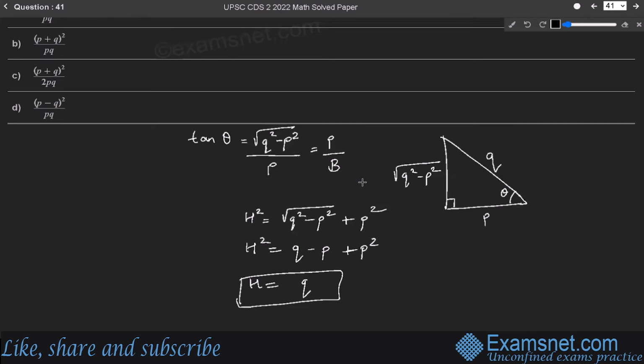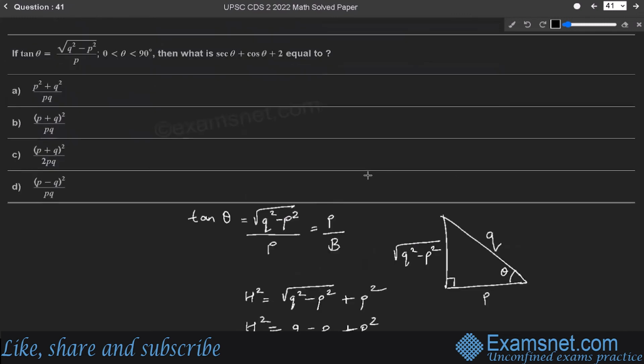Now we have to find the value for sec theta plus cos theta plus 2. We know that sec theta is hypotenuse upon base, so it will be q upon p. Cos theta is base upon hypotenuse, so it will be p upon q, and plus 2.